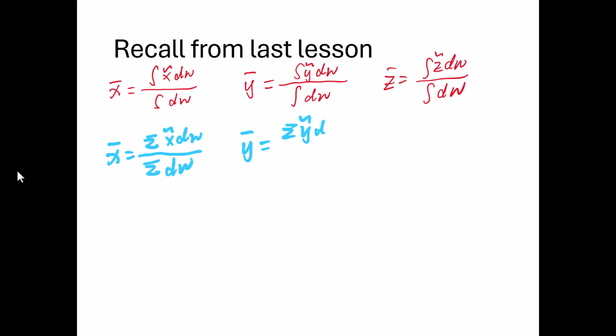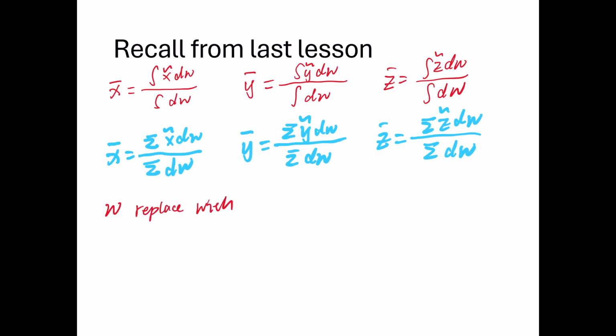For z, it can be the sum of z tilde dw over the sum of dw. And also the w can be replaced with mass, area, and volume. Okay, so that's pretty much what we learned so far.